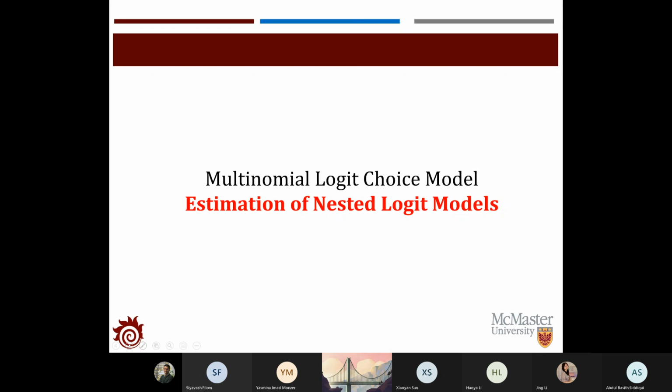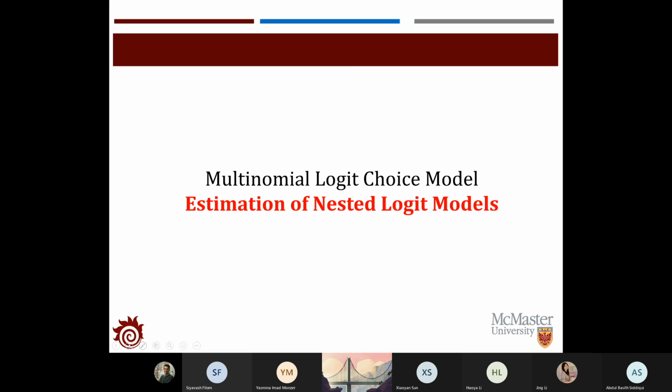For the project and the homework, you will not be asked to work on the multi-dimensional logit model for more than 2 dimensions. You will only work on either 1 dimension or 2 dimensions. So that's some theory about the nested logit model.